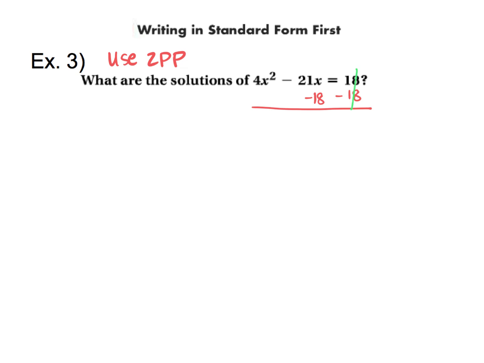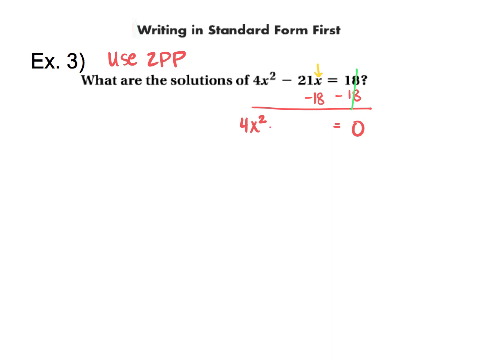So the 18 minus the 18, that's going to give you the 0 that you want for the zero product principle. And on the other side, you have 4x squared. And then you're looking at the 21 and the 18. And notice that the 21 has an x on it, but the 18 doesn't. So you can't subtract those numbers from each other because they're not like terms.